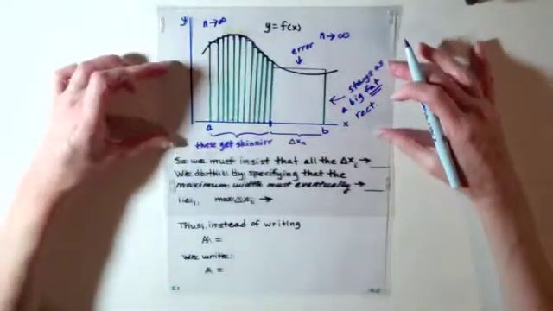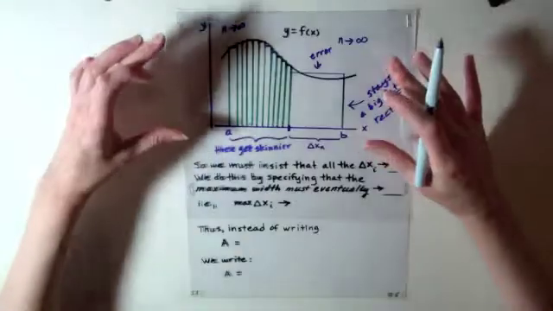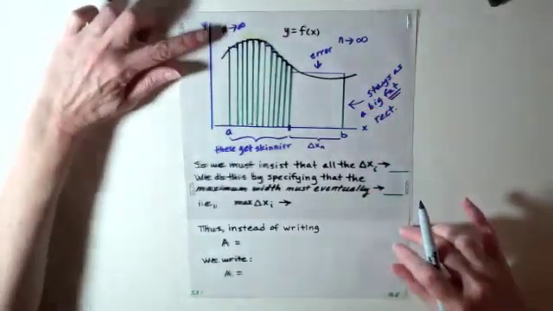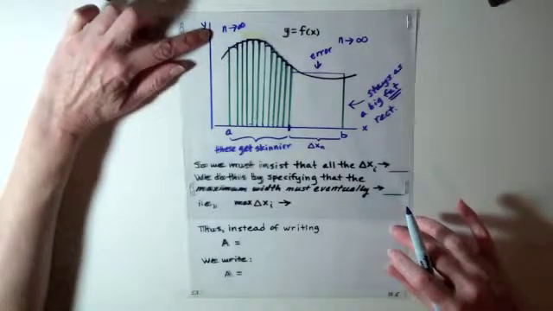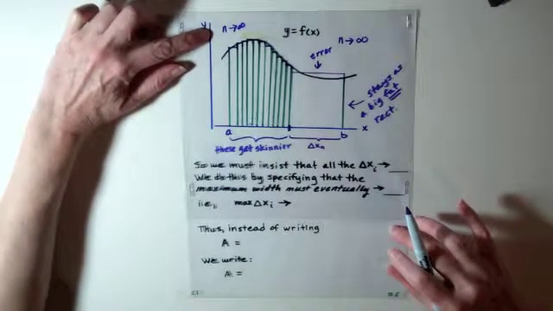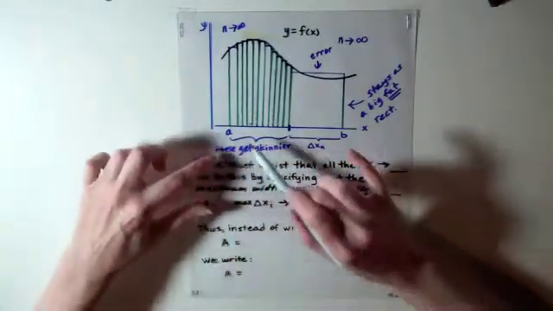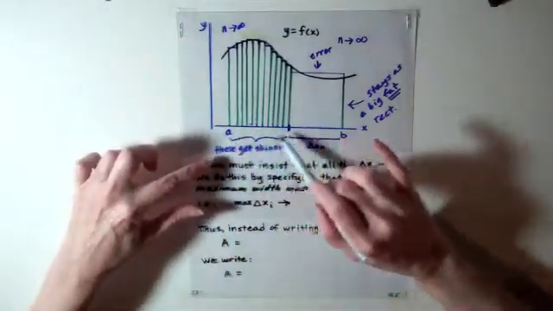Well, what's wrong with the scheme that I had here? Well, the problem with this scheme is that even though the number of rectangles is going to infinity and we get more and more rectangles, the widths are not all getting skinnier and skinnier. Only these were getting skinnier and skinnier.